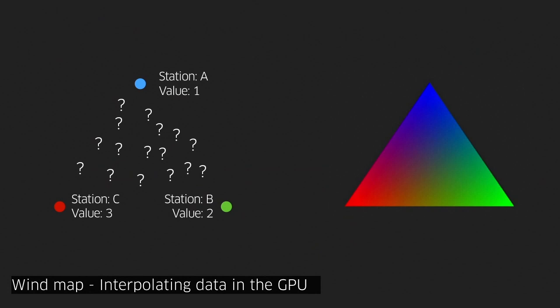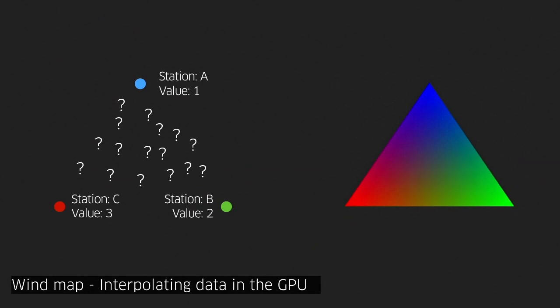And you can use the GPU for that fairly efficiently. One of the options is you can have each weather station and encode temperature in the red color, orientation in the blue color, and wind speed in the green color. So let's imagine that here we have 3 different stations, right? And you plot them on a map or on an image, whatever.